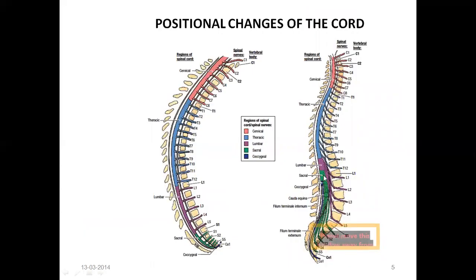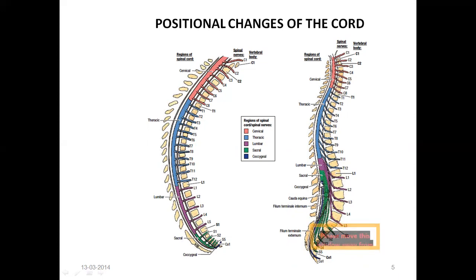Okay, so this lower cone-shaped area is the conus medullaris, and from here you will have the extent of the filum terminale. Now, during the embryonic stage, you can see the positional changes in the cord. In the embryonic stage, the length of the spinal cord and the length of the vertebral column are the same. But as the baby grows, the vertebral column grows at a faster rate and the spinal cord stops growing.